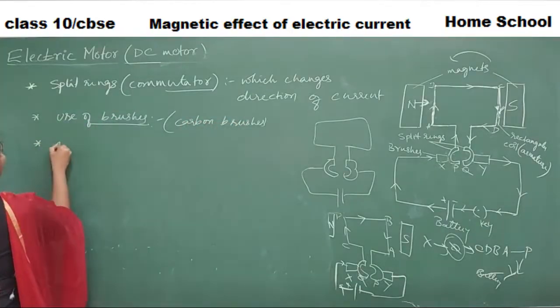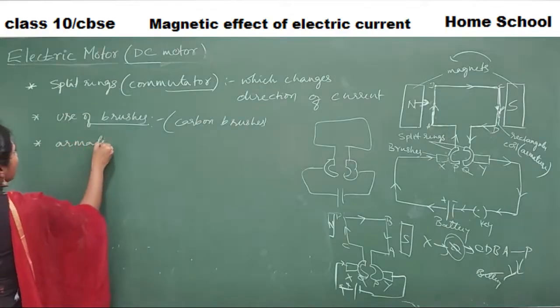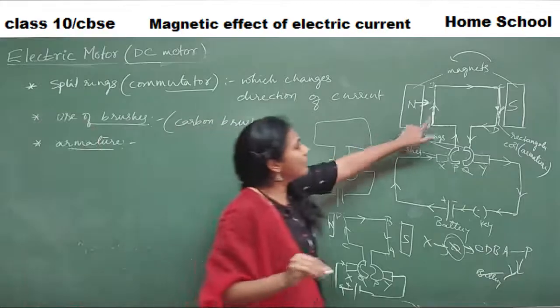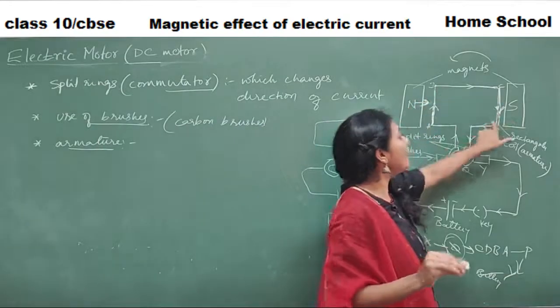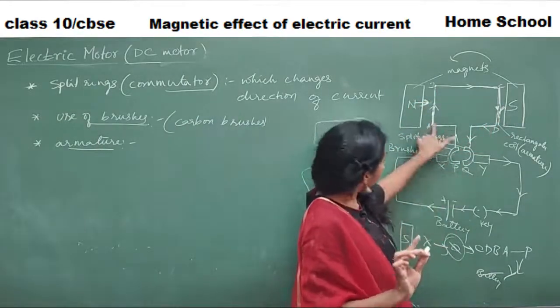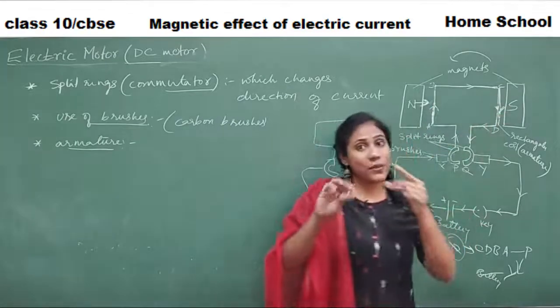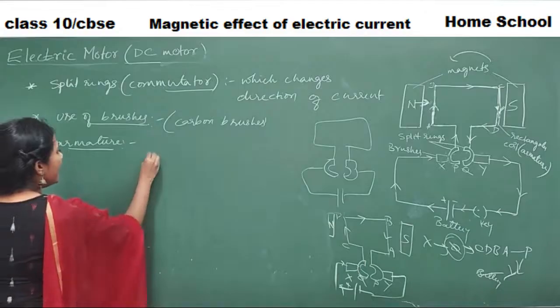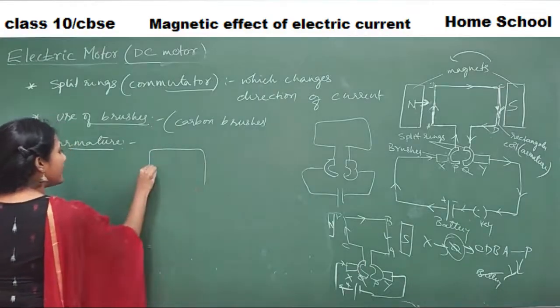So now, what do you mean by armature? Armature is nothing but this rectangular conducting coil, guys. Say this conducting coil has soft iron inside. For example, initially I take one soft iron rod.